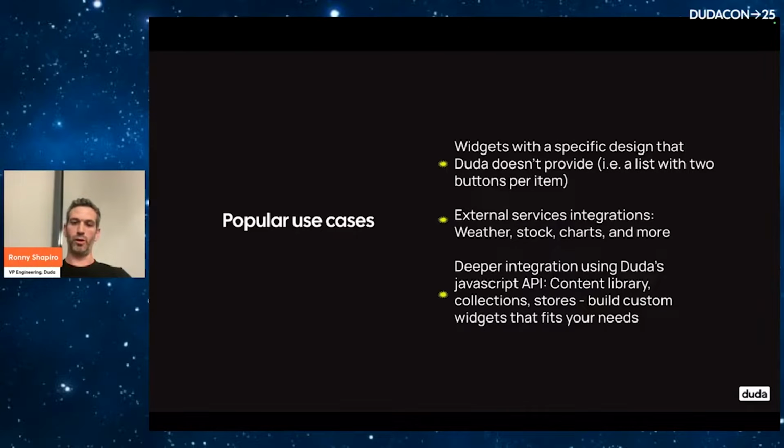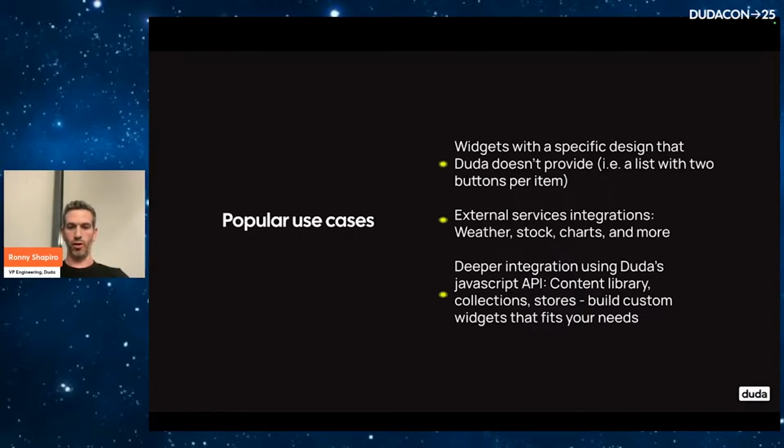We've also seen a lot of integrations with external services like weather, stocks, and all kinds of vendors and providers. And we've seen much deeper integration into data, working with our JavaScript API to pull data from collections, from stores, from the content library, building filters and all sorts of dynamic views on top of data. So we've seen quite a lot of different use cases.